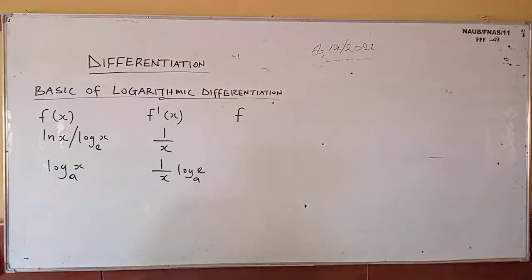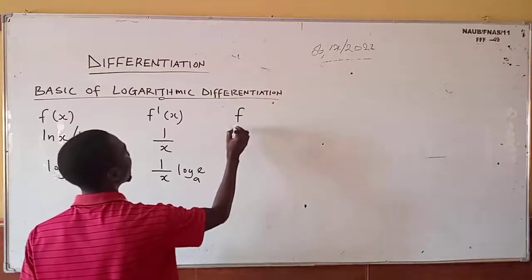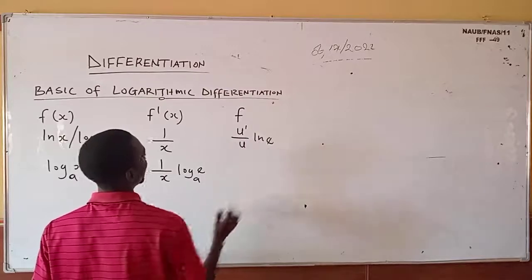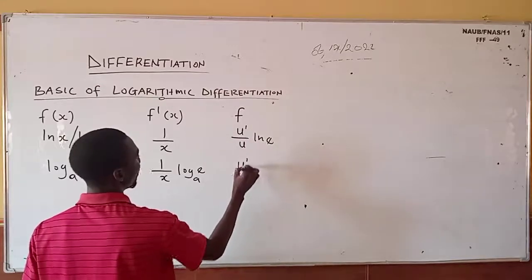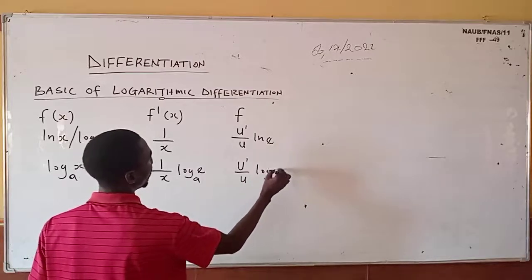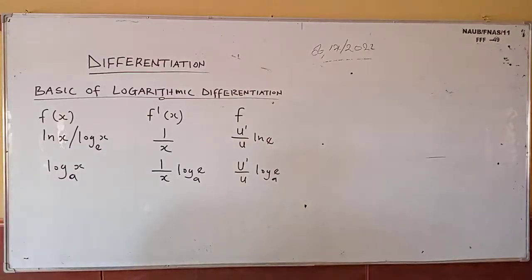So please take note of that. So the formula here is u prime over u ln e. The same thing here, u prime over u log e base a. So that is the formula here.